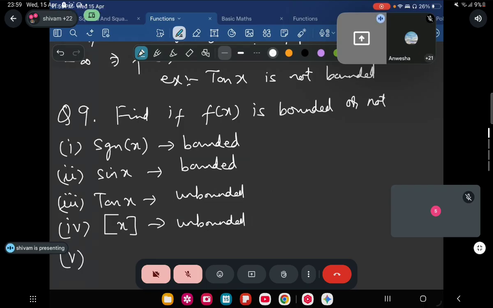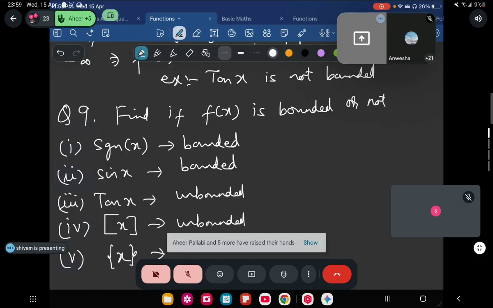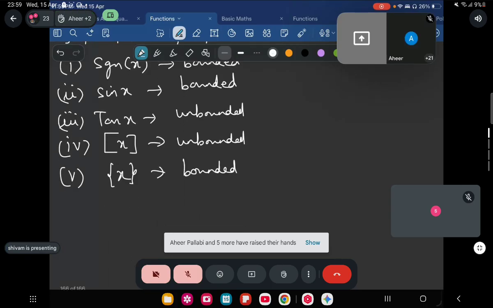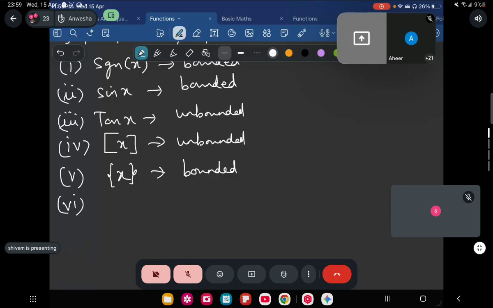Next, number 5, fractional part of x. Bounded or unbounded? Yes, tell me. So bounded. Number 6. Mod of x. Bounded or unbounded? Yes, Shijita, tell me.